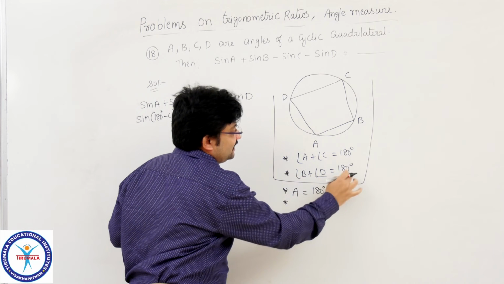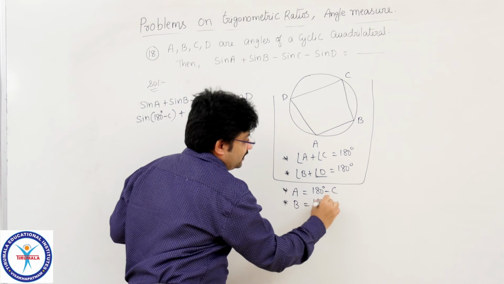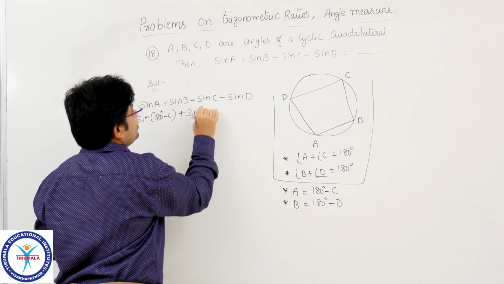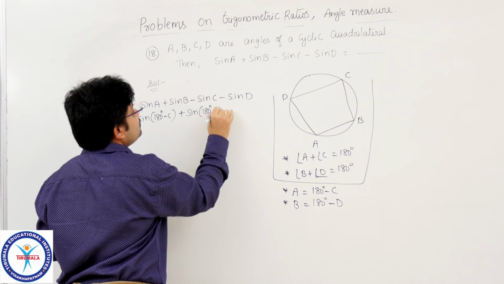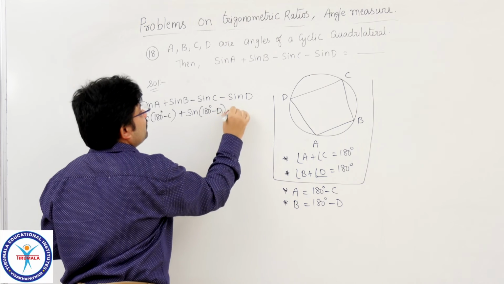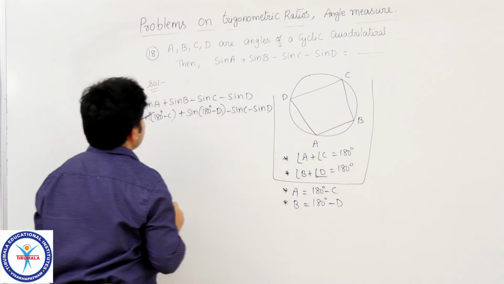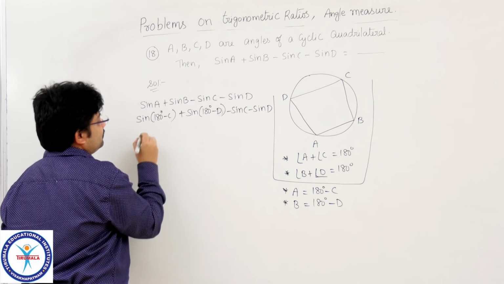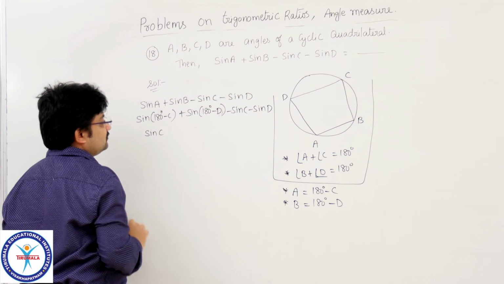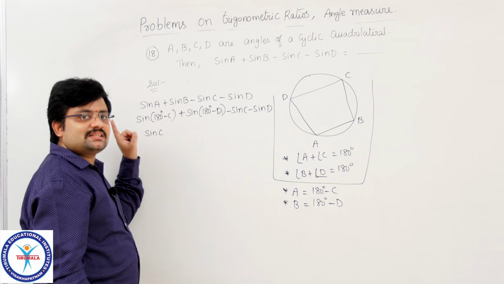angle B plus angle D is equal to 180 degrees. From this, B is equal to 180 degrees minus D. So it can be written as sin of 180 degrees minus D, and minus sin C minus sin D. For sin of 180 minus C, the 180 is there so there is no change, sin C. 180 minus C lies in the second quadrant.